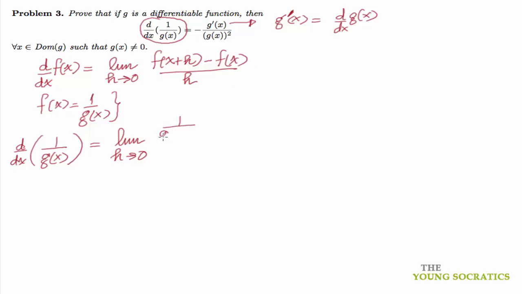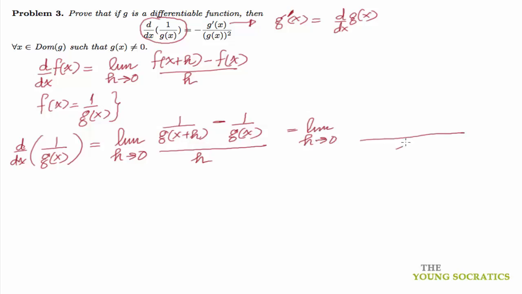This will be 1 over g(x plus h) minus 1 over g(x), whole divided by h. Now I do cross multiplication, so this will be limit h tending to 0 of g(x) minus g(x plus h) upon g(x) times g(x plus h).